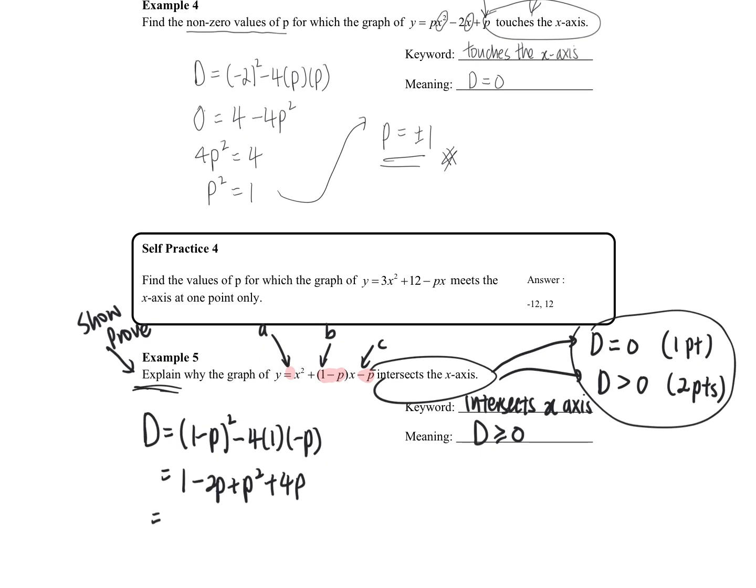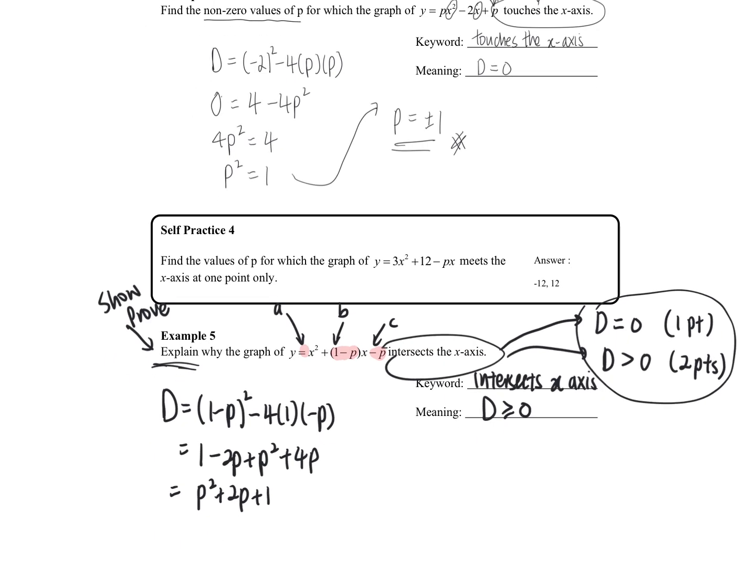Okay, and then you end up having this, which if you factorize it, you will get P plus 1 squared. How do I show this? How do I show that discriminant is greater or equals to 0? How do I show that this is always greater or equals to 0?